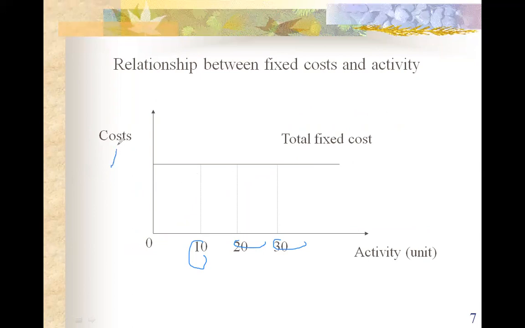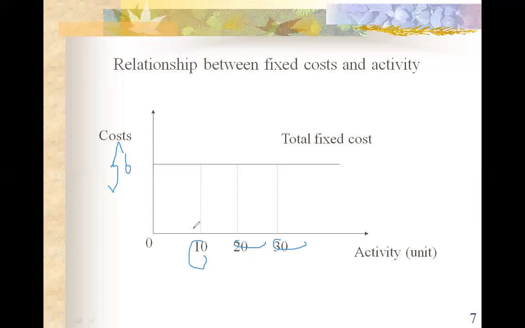For example, total fixed cost is 50,000. Whatever the level of production, 10, 20, 30, our total fixed cost remains constant. But another thing, per unit basis, it is changing, right?